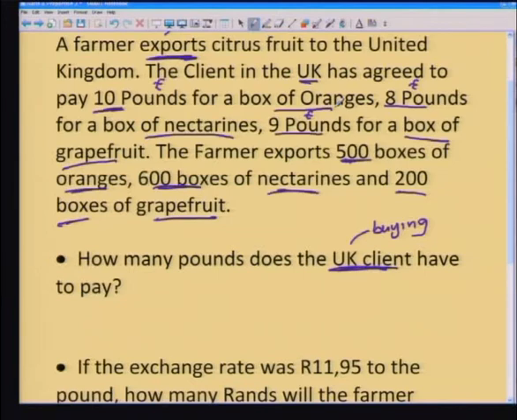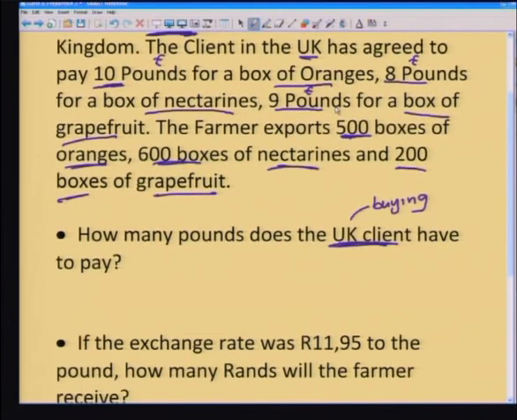So if we want to work out in total how much this UK client is going to have to pay the farmer, all we need to do is times the amount by the number of boxes that he is getting. So for example, if he gets 500 boxes of oranges, then I need to times that by £10 because that's how much each box of oranges costs me.